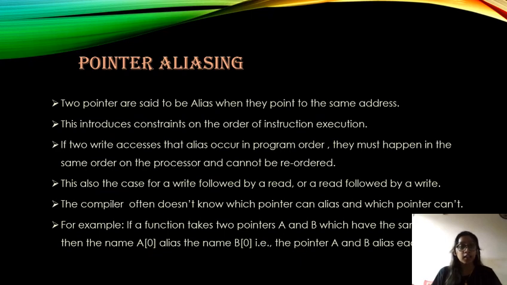This is also the case for a write followed by a read or a read followed by a write. The compiler often doesn't know which pointers can alias and which can't. For example, if a function takes two pointers a and b which have the same value, then the name a of 0 aliases the name b of 0, that is, the pointers a and b alias each other.